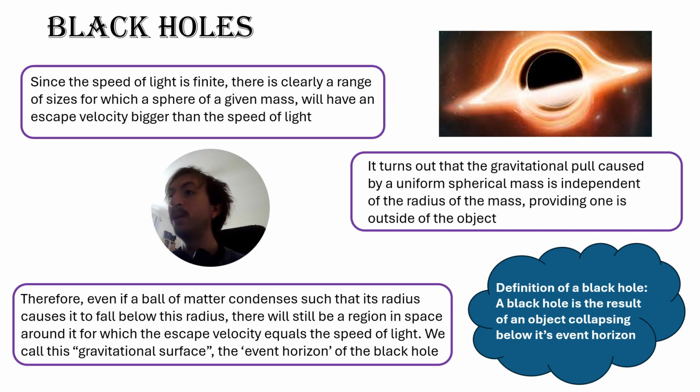And a black hole is essentially a region in space which contains matter which has contracted so much that around that matter is a region in space which has an escape velocity equal to the speed of light. And we call this region in space the event horizon of a black hole.